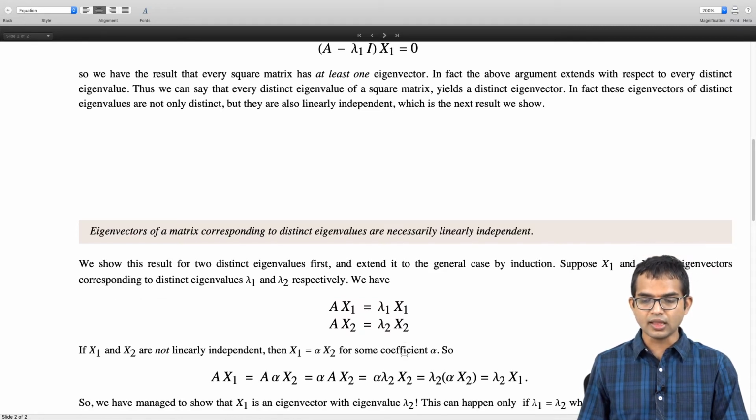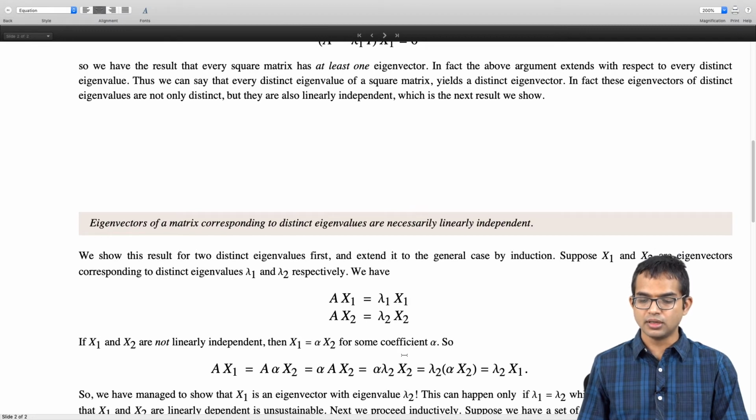Now, it's part of the proposition that lambda 1 and lambda 2 are distinct eigenvalues, right? So this is impossible, and there is a contradiction with what we have just shown, which is that the eigenvector x1 has eigenvalue lambda 2, right?